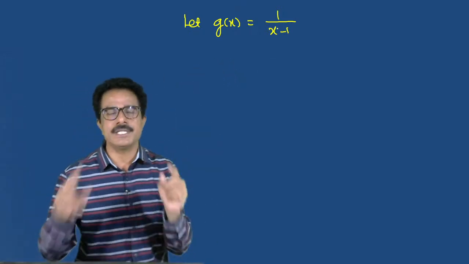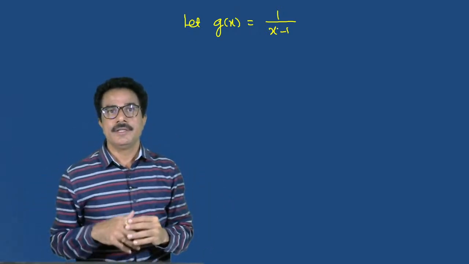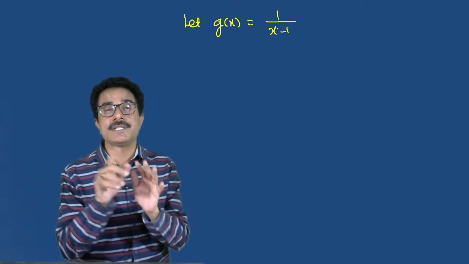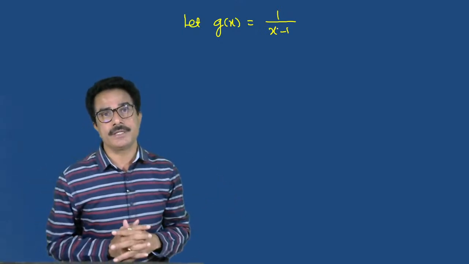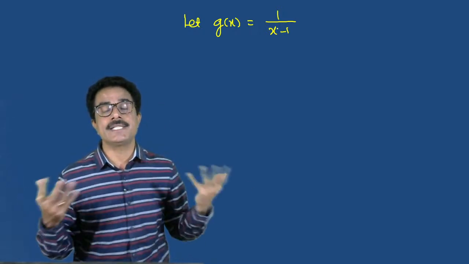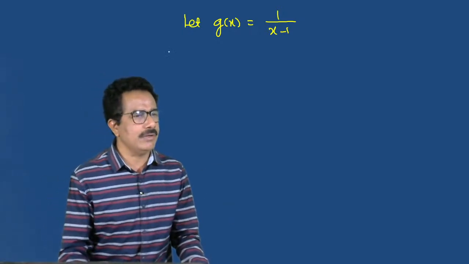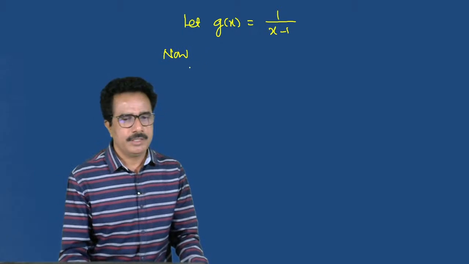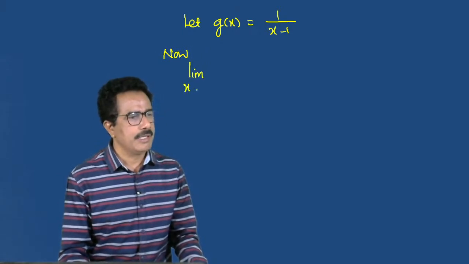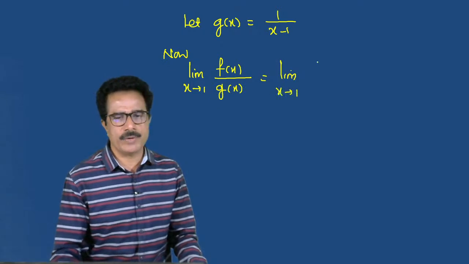That means we have to consider two functions f and g such that both converge and diverge together at a particular point, because we have to use theorem number two, comparison test second, in the limit form. So we can write limit x tends to 1 of f of x divided by g of x, which equals limit x tends to 1.